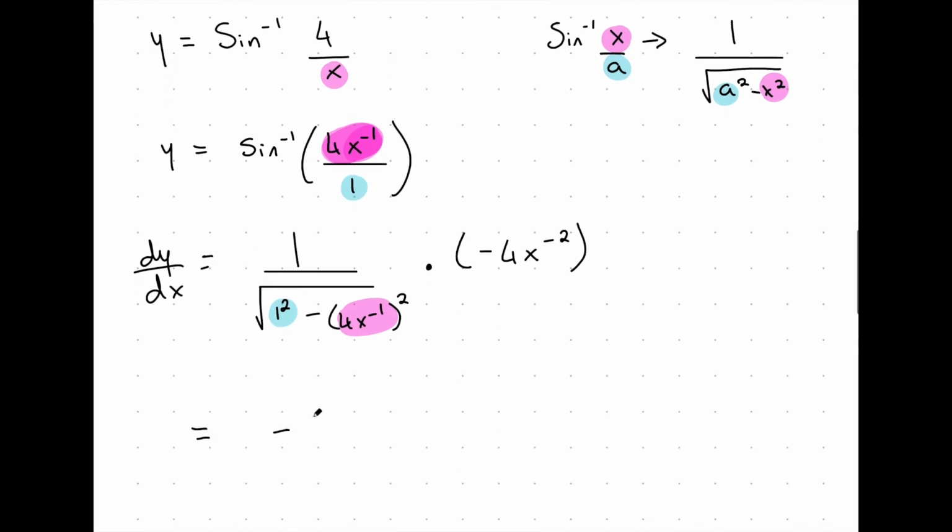Multiplying that out then, I get 4x to the minus 2 all over the square root of 1 minus, that's going to be 16x to the minus 2. So using indice laws there to square out the 4 and square out the x to the minus 1. And that's your final answer.